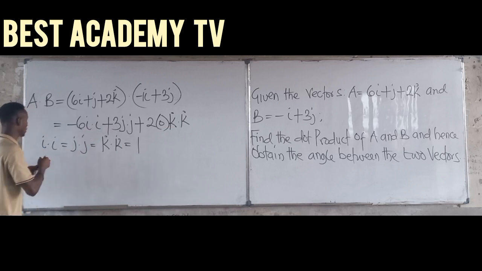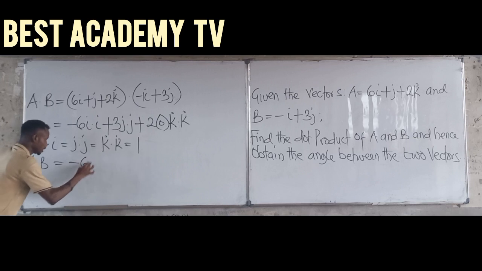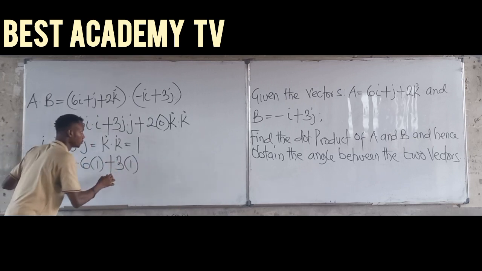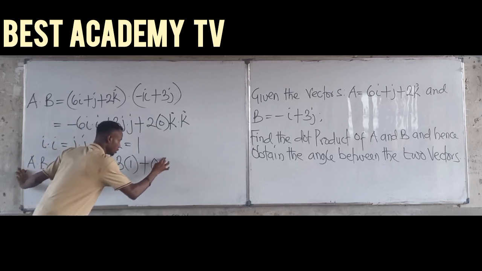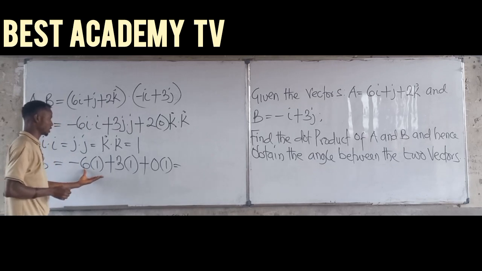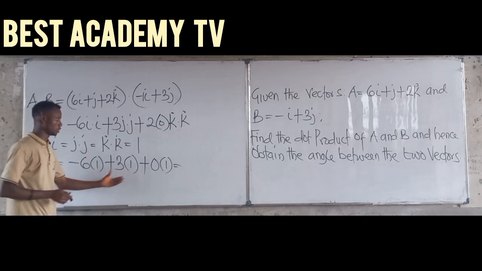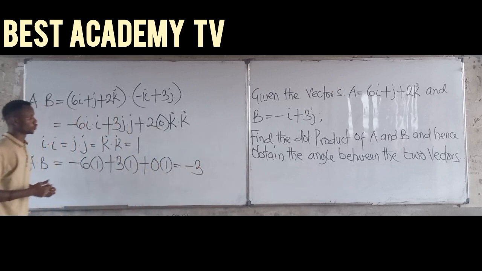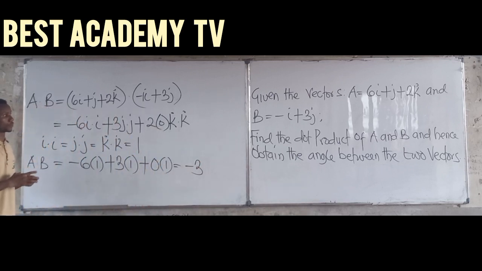So we place our 1s here: A dot B equals minus 6 into 1 plus 3 into 1 plus 0 into 1. So totally, our answer is minus 6 plus 3, and the result is minus 3. So this is how we solve any dot product.